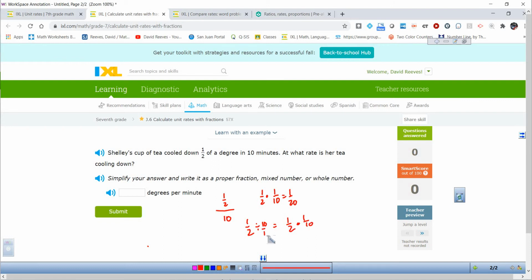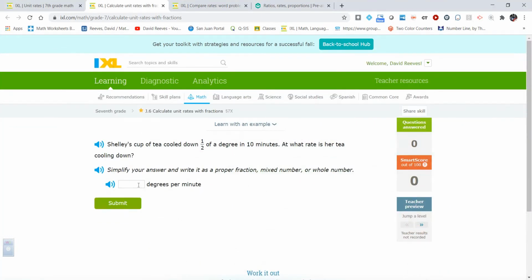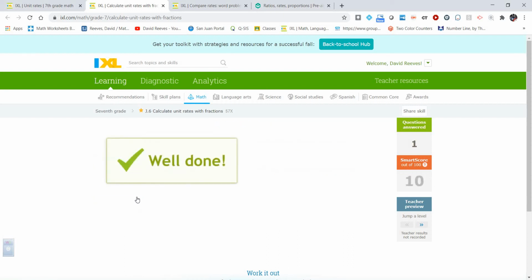So remember, when you're dividing, you multiply by the reciprocal. So it goes 1/20 of a degree per minute. And you think about it, it's got to be small because it only cooled down 1/2 a degree in 10 minutes. Does that make sense? Alrighty, so there's our first answer.